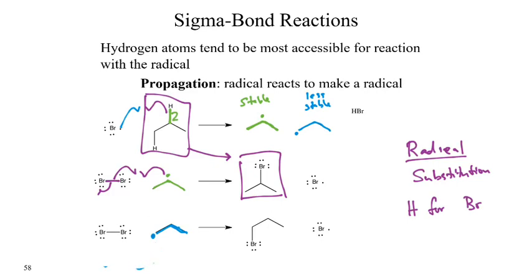But what I'm attempting to show here is that we could theoretically also do the other substitution, where we have the bromine at the terminal position. Very commonly that bromine is going to go internal because of the stability of our radical.